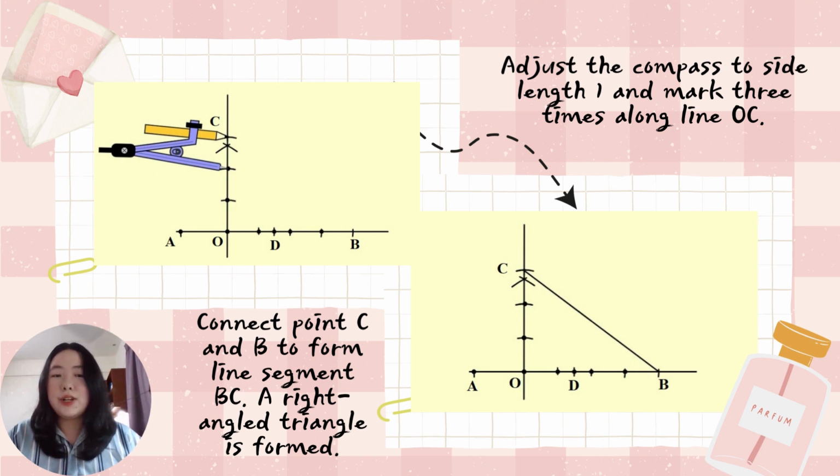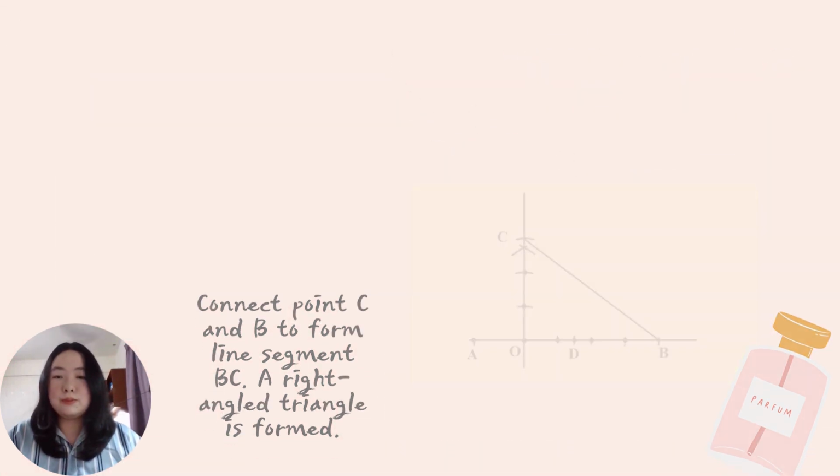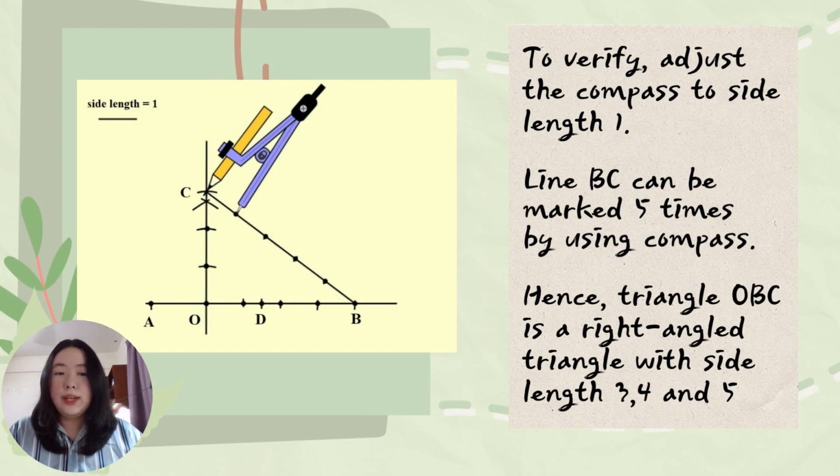With this, a right angle triangle is formed. As of now, we have line OC with side length 3 and line OB with side length 4. In order to obtain a right angle triangle with side lengths 3, 4, and 5, we need to make sure line BC is of side length 5.